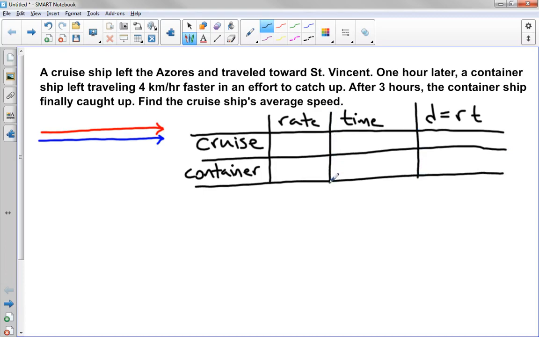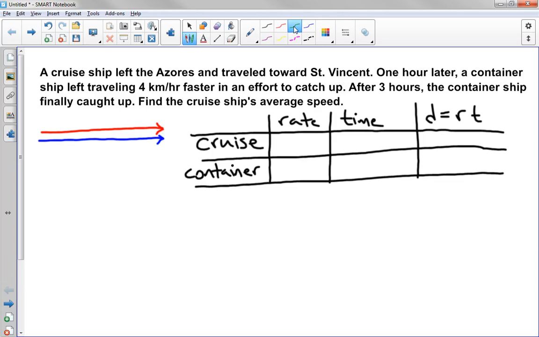Okay, so I have to read the question and be very clear on what it is I'm looking for. After 3 hours, the container ship finally caught up. Well, that's not asking the question. And then find the cruise ship's average speed. There we go. That's our variable, the cruise ship's speed or the cruise ship's rate.